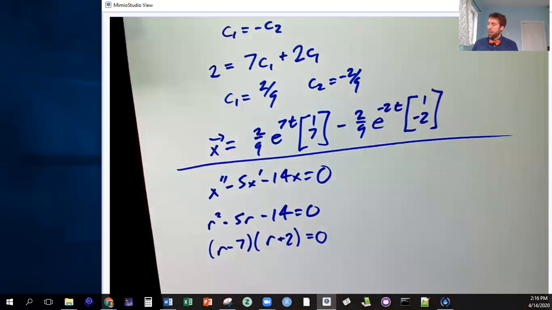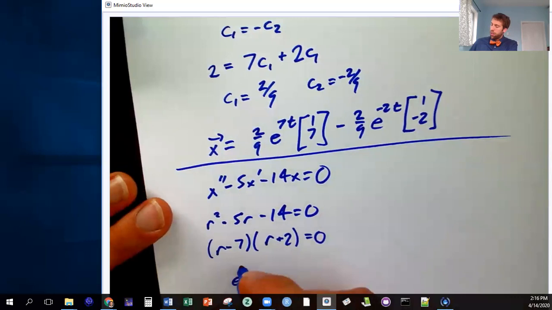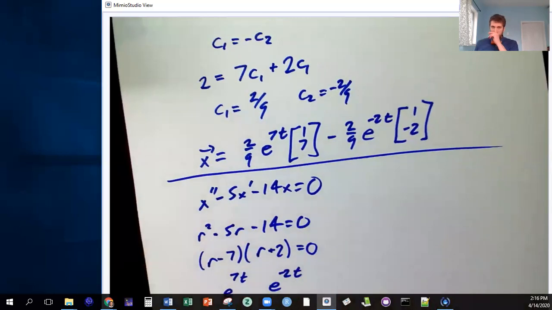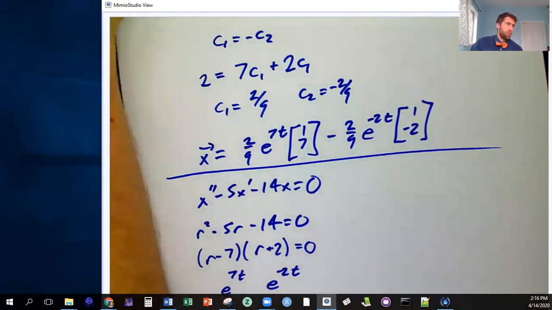Okay, and so then that means we're going to have two different solutions, e to the 7t and e to the negative 2t. And then you can really just use those as guesses and see how things work out. Let me pause for a second.